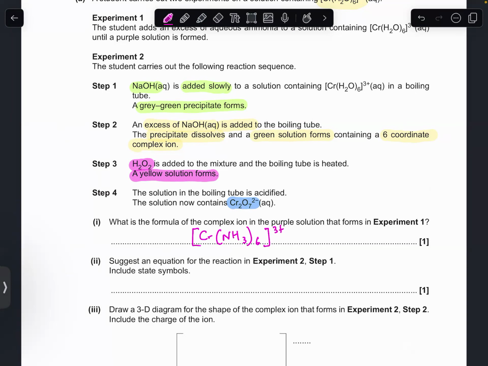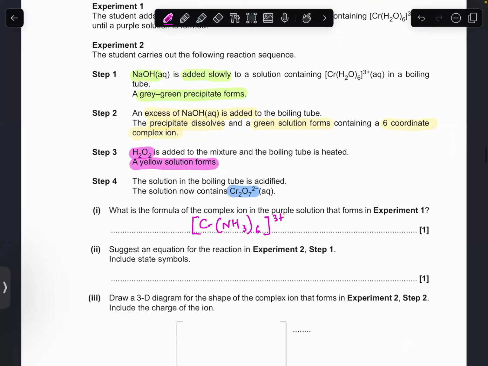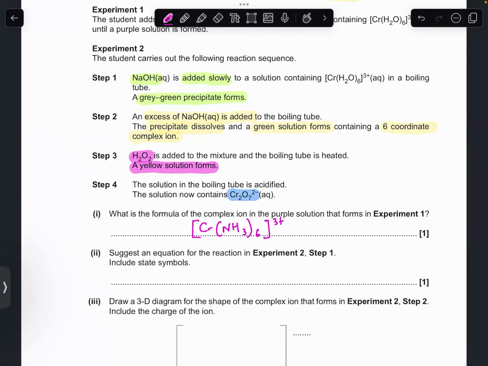Okay, suggest an equation for experiment 2, step 1. It says include state symbols. So you've got chromium 3+ ions, in the aqueous state.